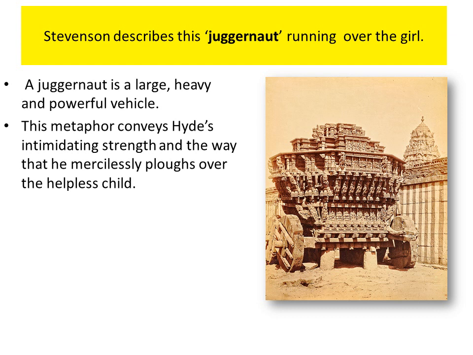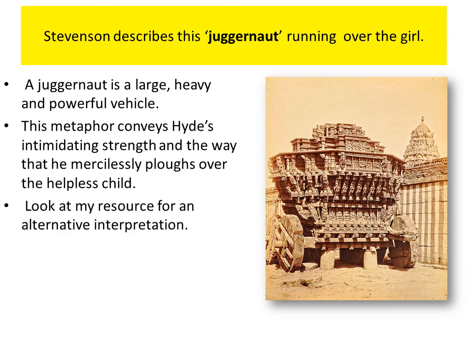This metaphor conveys Hyde's intimidating strength, and the way that he mercilessly plows over the helpless child. Stevenson is really emphasizing the brutality of this attack here. It's not as if Hyde simply knocks into the young girl. This attack is far more violent than that. He crushes her body into the pavement.